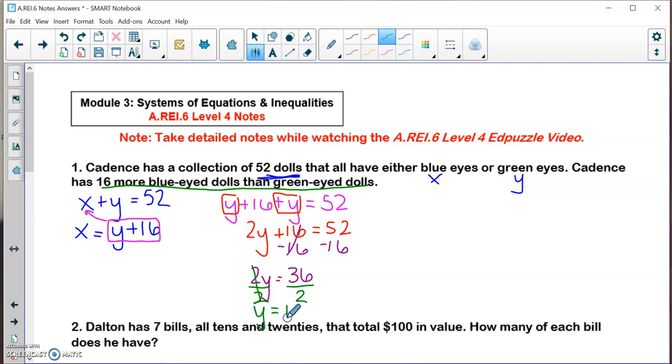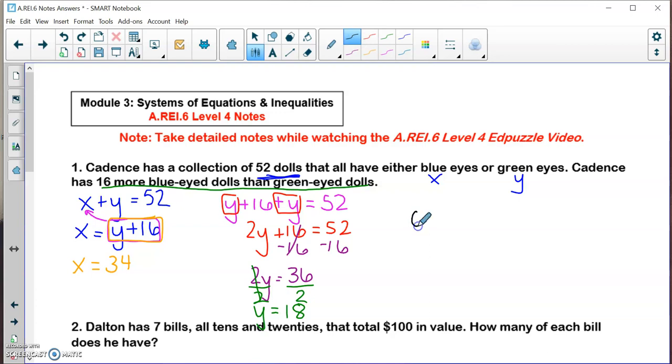I get y is 18. Now, it's up to you what you want to do, but I'm going to put 18 in for this y plus 16 to get x. So I get x is 34. So, since we solved a word problem, we are going to write our answer in sentence form.